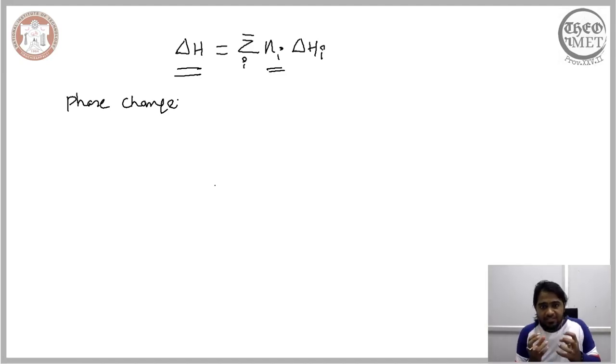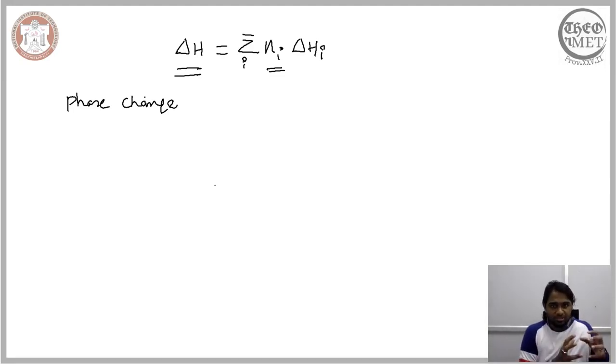Now this phase change is largely governed by, or can be explained in terms of, the change in the thermodynamic functions or thermodynamic variables. In this lecture what we will see is how the enthalpy change can be studied in relation to the phase change.